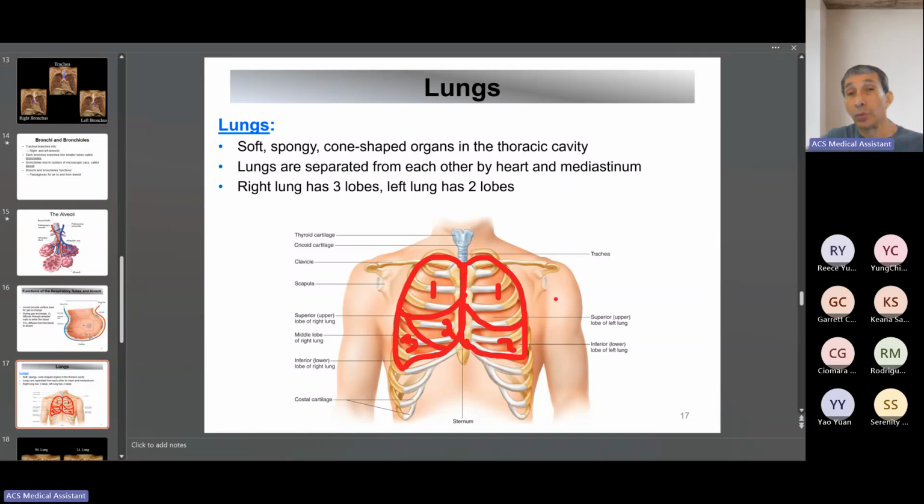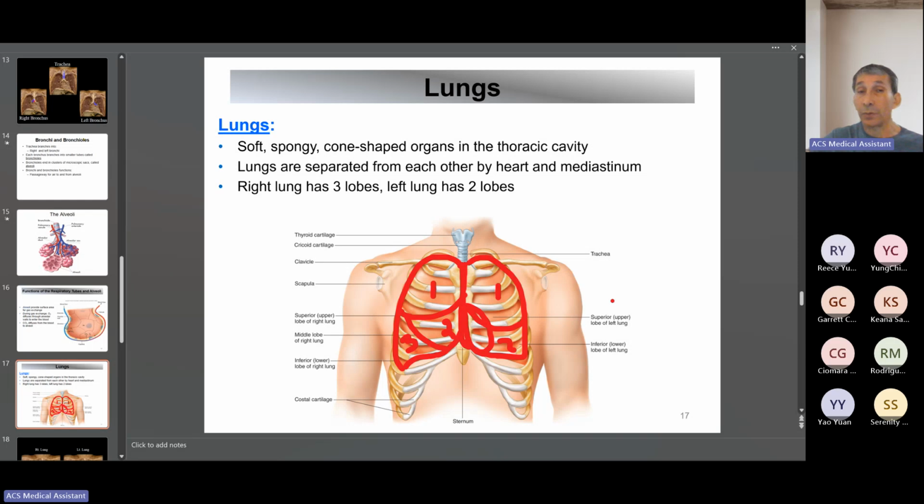Why do we have two lobes on the left side of the lungs? Because the heart is occupying space right here. See? The heart is occupying this space. So for that reason, we have three lobes on the right side and two on the left side.